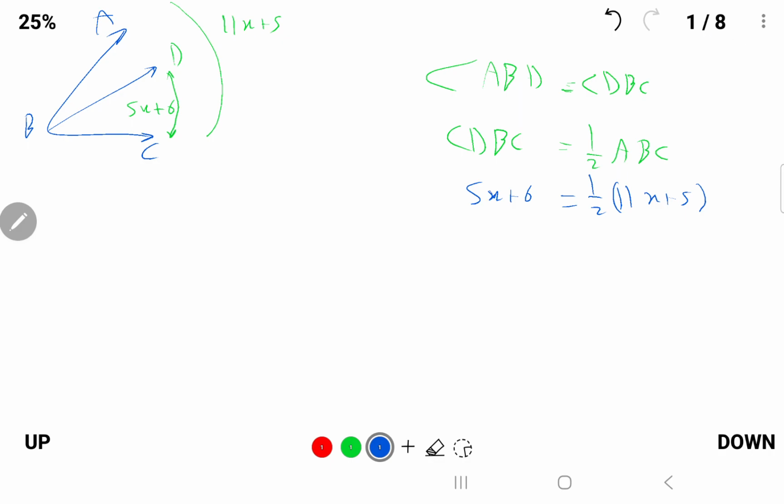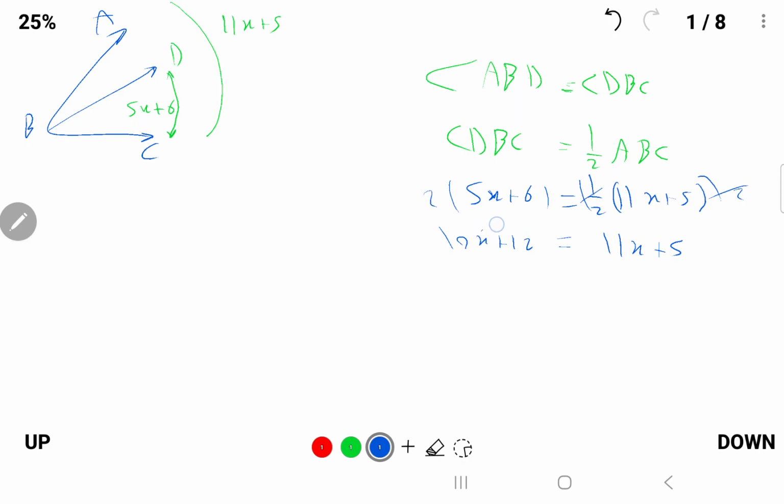Now we multiply the equation by 2 on both sides to cancel the fractions. So here the 2 cancels with the fraction, so we have 11x plus 5. We have 10x plus 12.